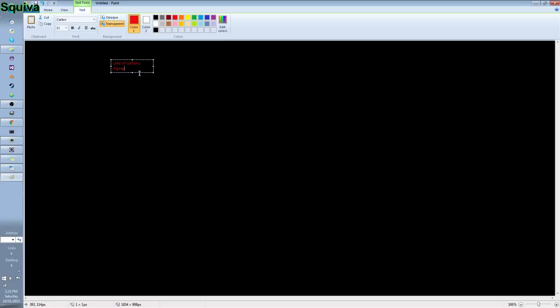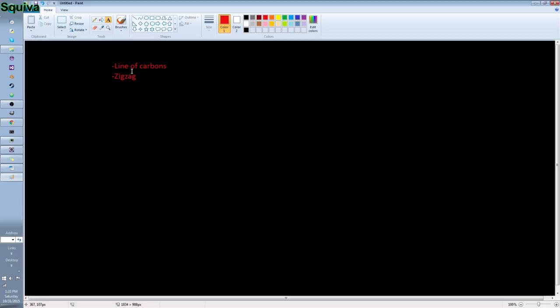Those are the two basic rules of bond line notation. That's just something you should know. Which one did I have? I think I had this one. Nope, I most definitely had this one. So make sure you know that. That is really useful and what you should abide by.